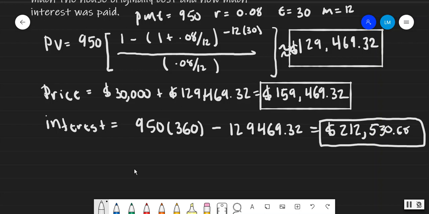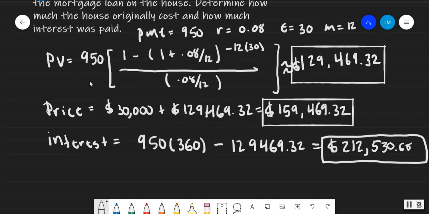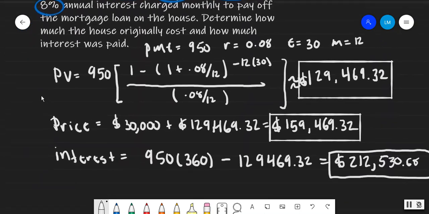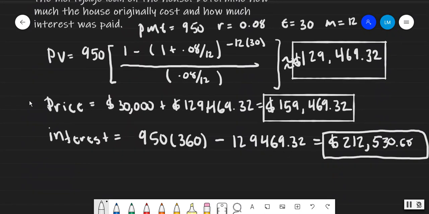Because you're not even including the 30,000 that they saved. So it's close to a quarter million in that case. It's just shy. But that's mostly because of the interest rate. The interest rate was at 8%. So you see the 8% annual interest. That's why they paid back so much.